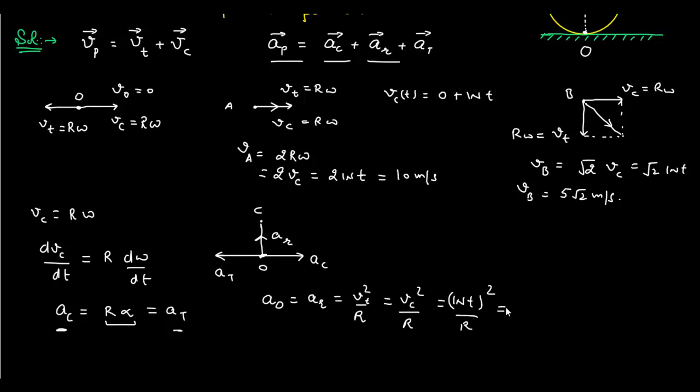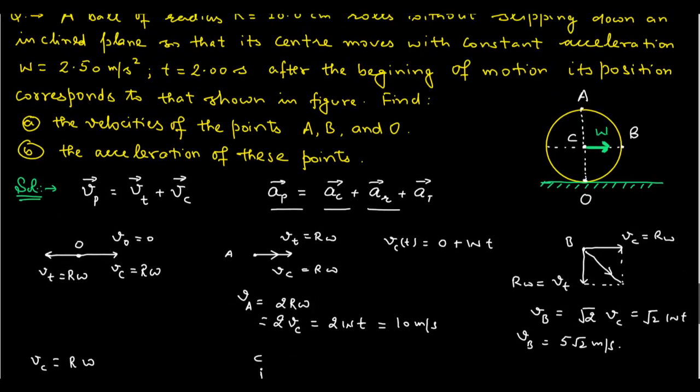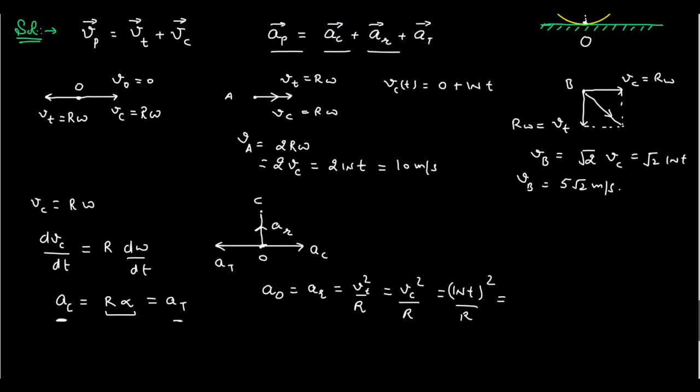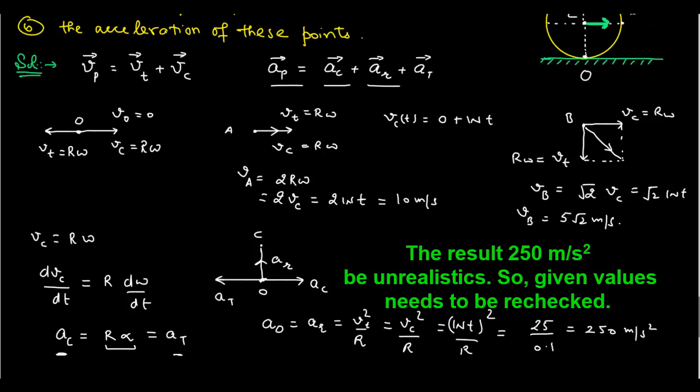W is 2.5, and t is 2, so this product is 5, and r is 0.1 meter, so we can write this as 25 divided by 0.1, so this is 250 meter per second square. So we have this acceleration of point O as this much.